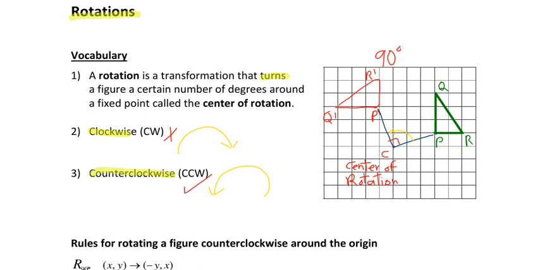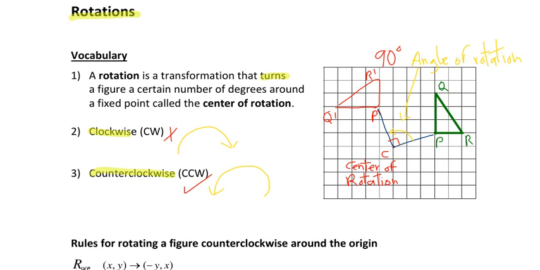And so that is over there the angle of rotation. And whenever you connect a point to the center of rotation and the image of that point to the center of rotation, you should be able to see the angle over there.